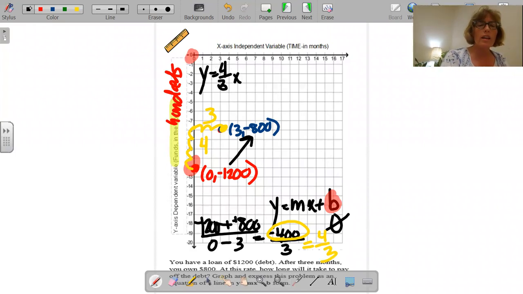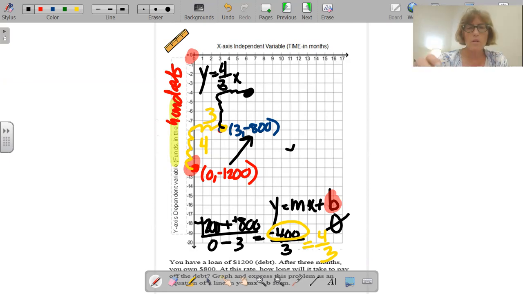Now if I graph that line, rise 4 over 3, I'm going to do another one, rise 4 over 3. And I get a straight edge here. Graph this line perfectly.